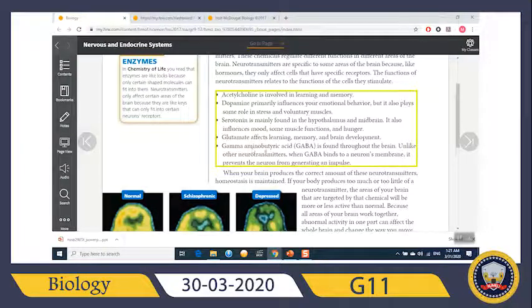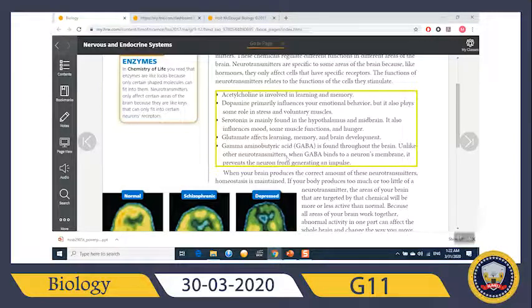Gamma amino butyric acid, or GABA. Again, gamma amino butyric acid, or GABA, is found throughout the brain. So, throughout the brain, I will see this chemical substance.